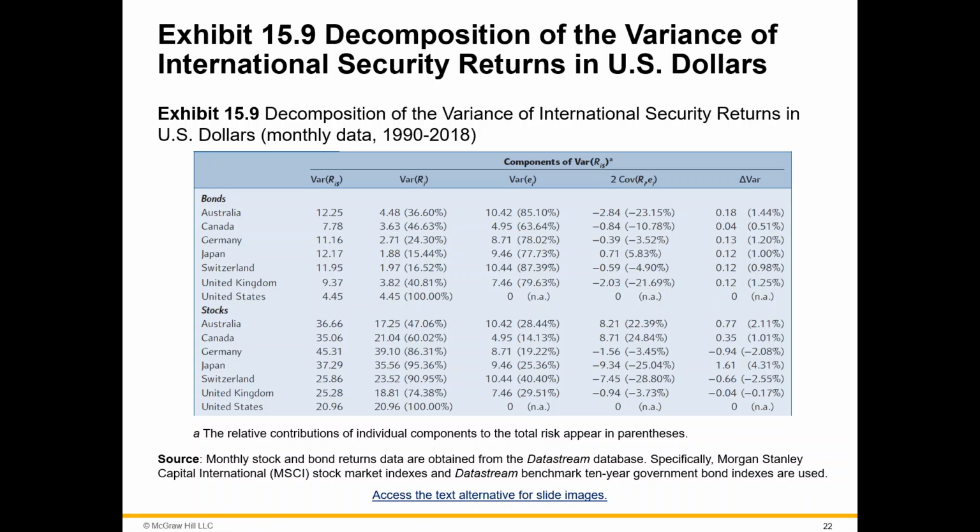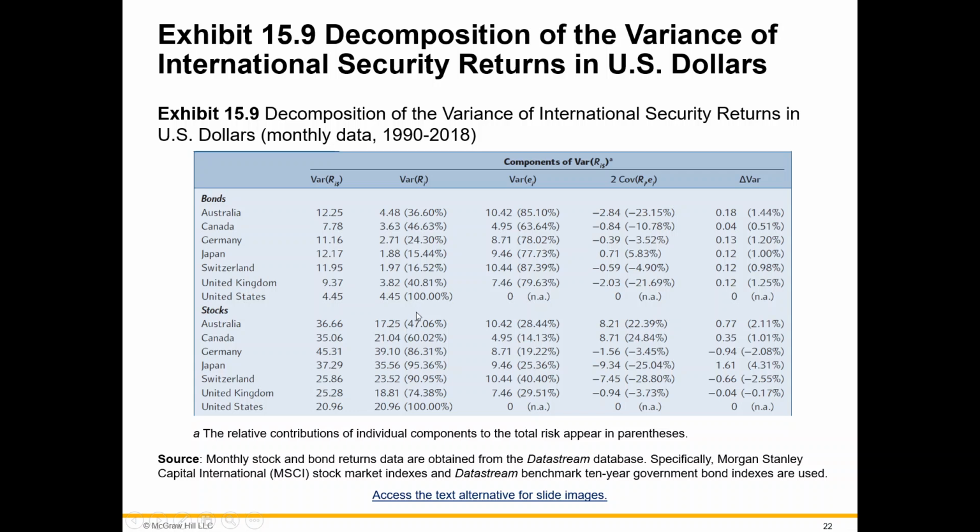In the case of Germany, we can see that almost all of the risk to investing in German equities comes from the underlying asset risk. There's moderate exchange rate risk, a small negative correlation between the asset returns and the exchange returns, and then a negative contribution for that last term.